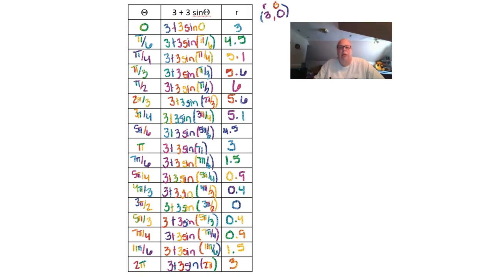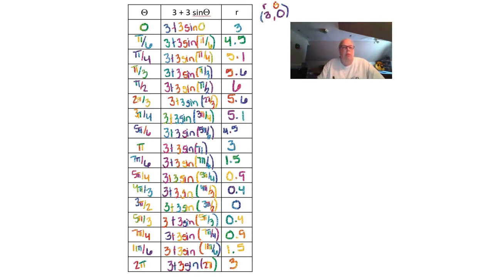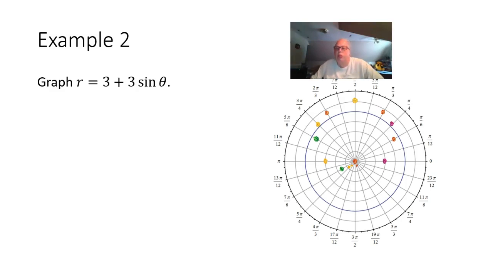At 5 pi over 3, we're going back out forward to almost a half of a circle. That's going to be somewhere in here. At 7 pi over 4, we're going forward almost one circle, but not quite. So that'll be somewhere in here.